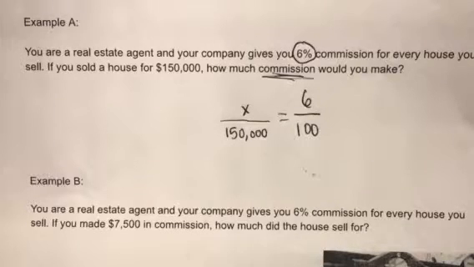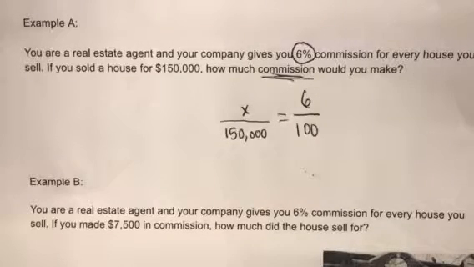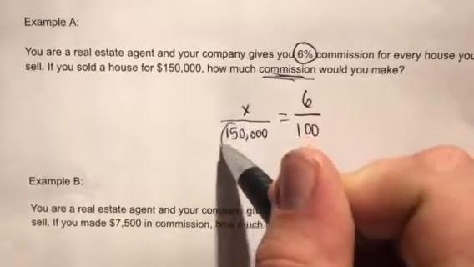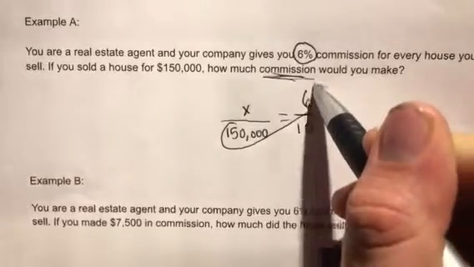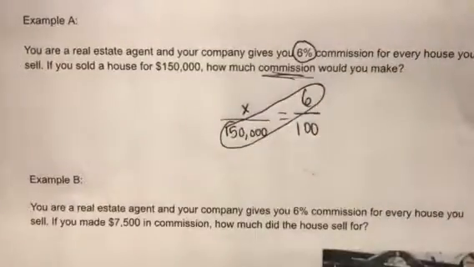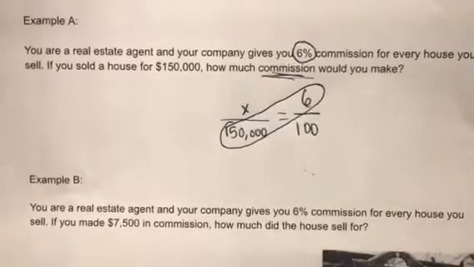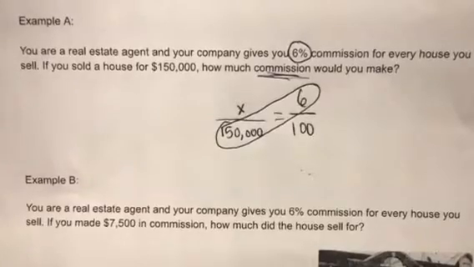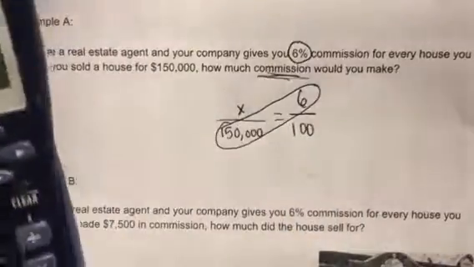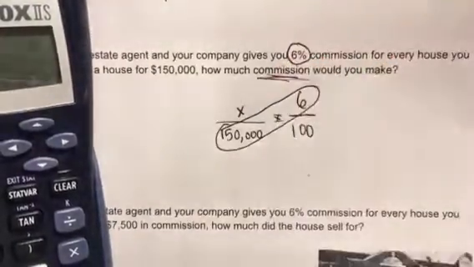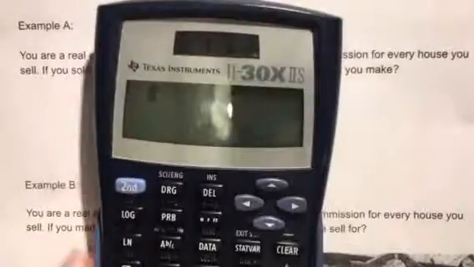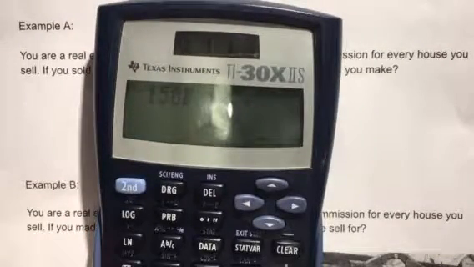So I'm going to multiply the diagonal: $150,000 times 6.